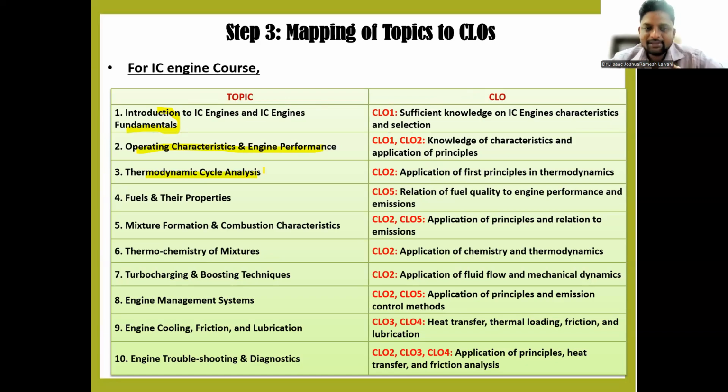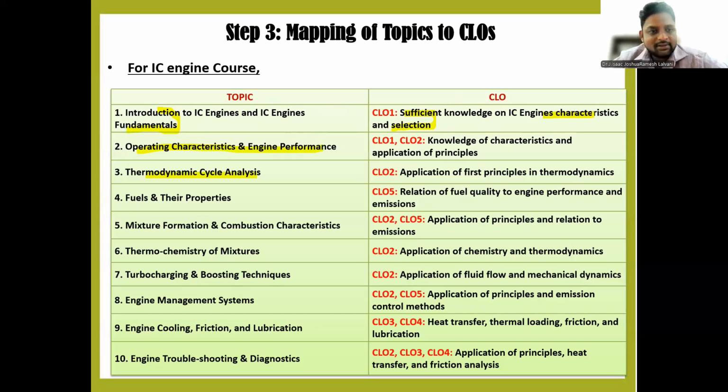You can see that the introduction to IC engines and IC engine fundamentals satisfies the learning outcome of my subject, CLO1. When students complete this topic, they will have sufficient knowledge of IC engine characteristics and selection.